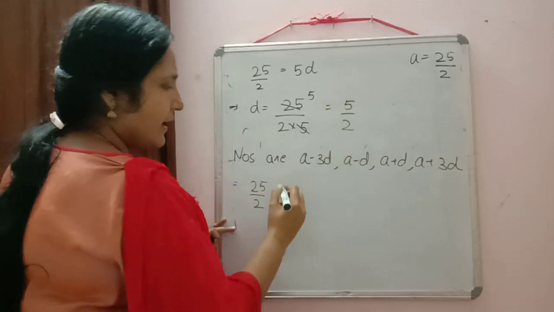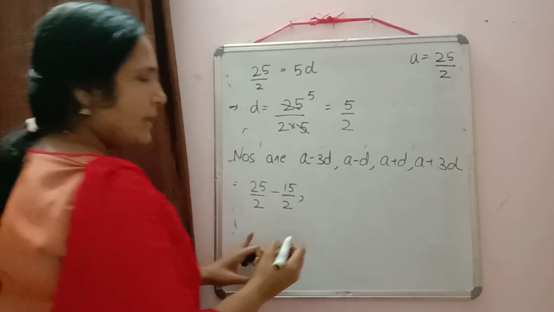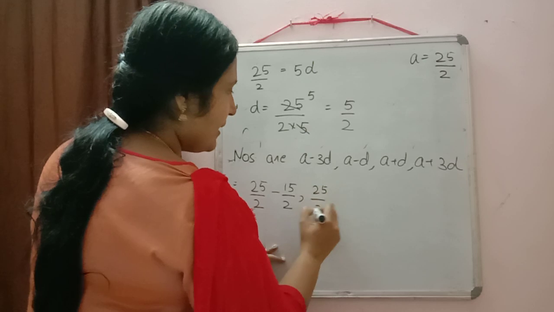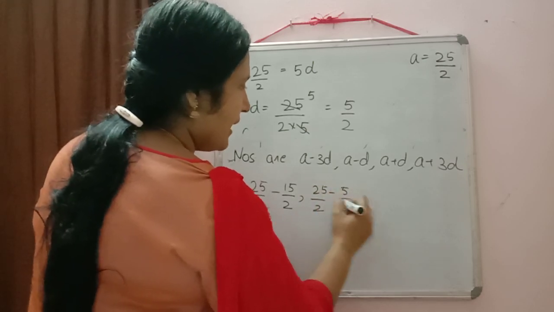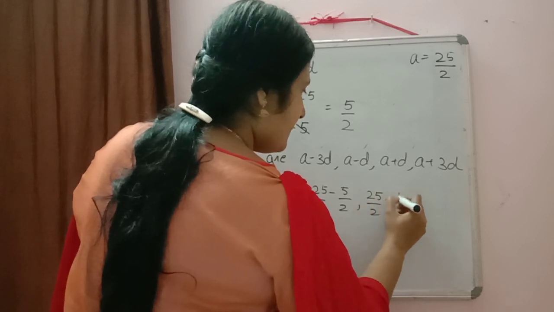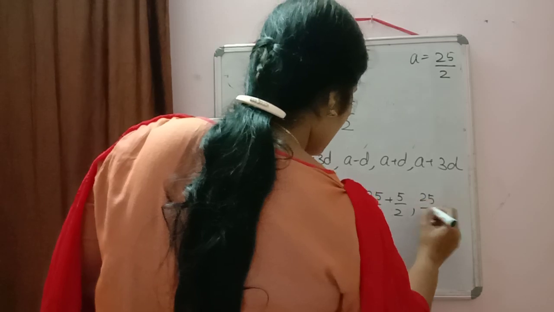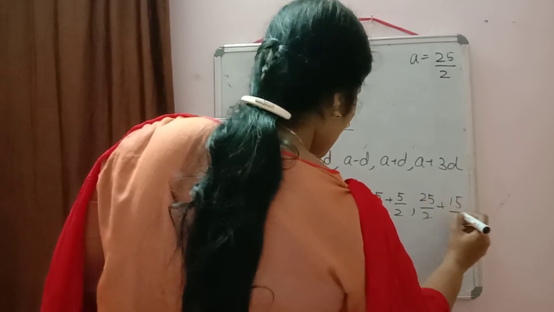So 3 into 5 by 2, so 15 by 2. A minus D: 25 by 2 minus 5 by 2. A plus D: 25 by 2 plus 5 by 2. A plus 3D: 25 by 2 plus 15 by 2.